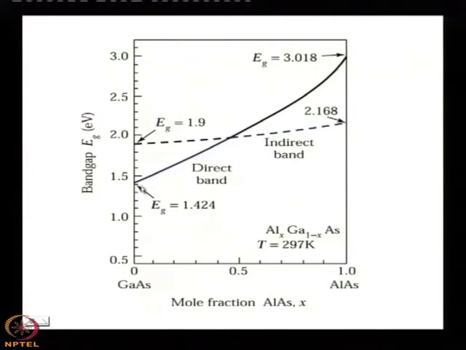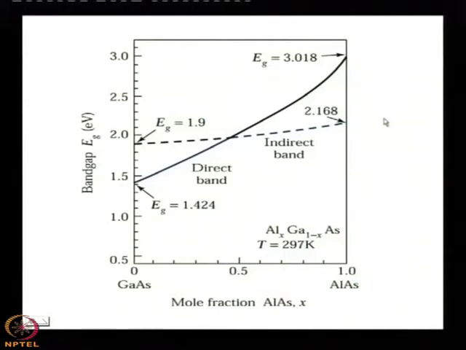So, aluminum gallium arsenide after 0.45 concentration X, when aluminum is 0.45. Up to 0.45 it is direct band gap. As you cross 0.45 it becomes an indirect band gap semiconductor.